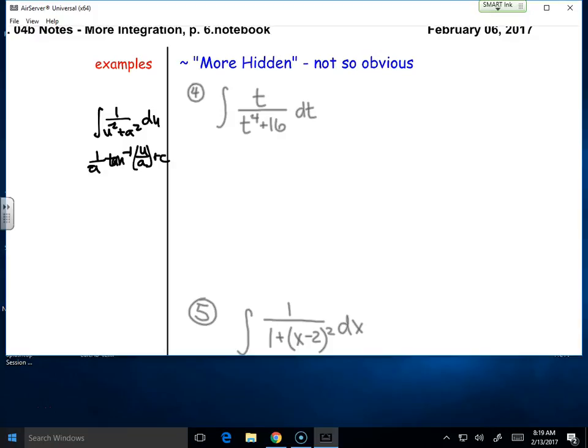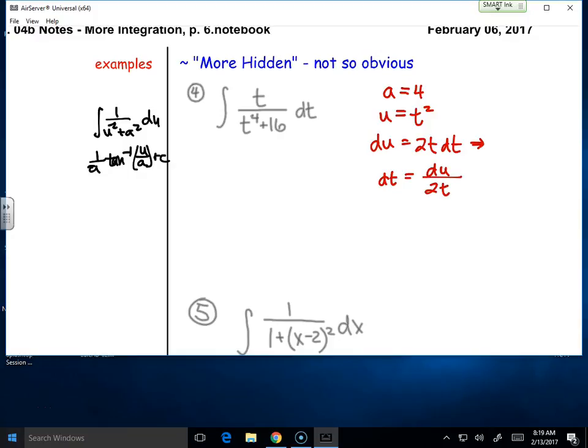So, let's go choosing stuff. Who's a? Got it. Who's u? Do you see it? t squared is u, squared. What's du? Oh, isn't it a? Yeah, it's easy. du is 2t dt. Some of you might have skipped this step and tried to go straight to the answer, and you would have it wrong because we need a 1/2.